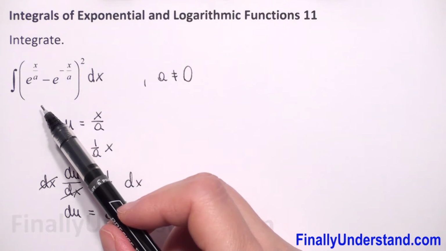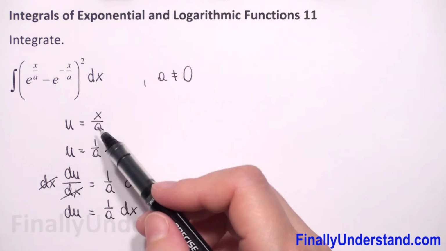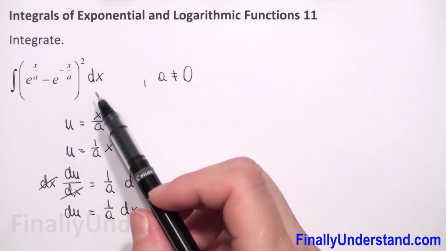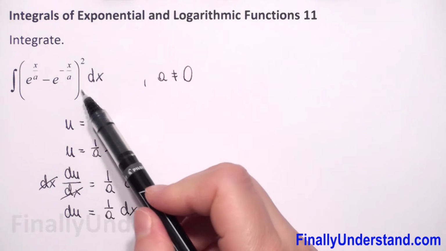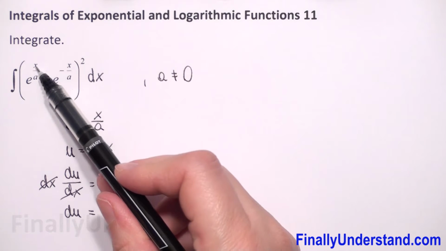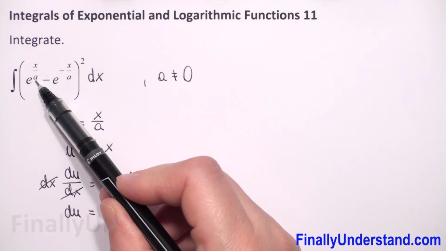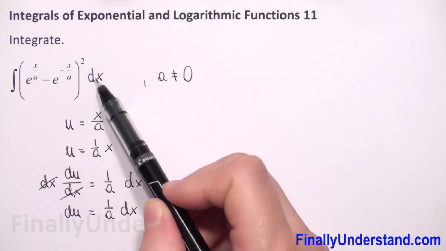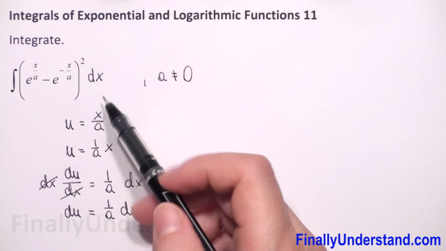Now let's look at our function. We substitute x over a by u. So now we have to find dx only, because for x over a we will write u, and here we will have negative u. We need to substitute dx.